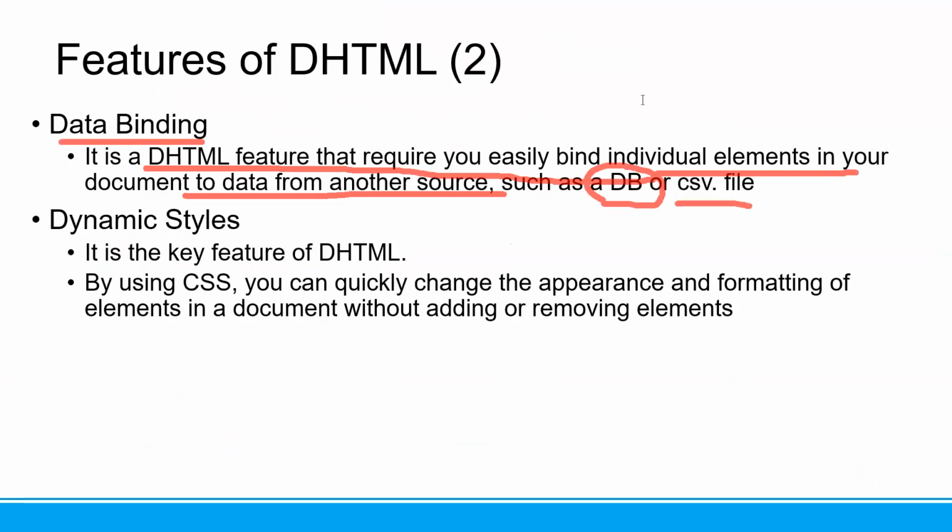But later on, you will learn more about the data. You can have a .json file. You can learn about .xml files. Okay, so we can easily bind with those kinds of data. And it has dynamic styles, which is a key feature. So using CSS, you can quickly change the appearance and formatting of elements in the document without adding or removing elements.